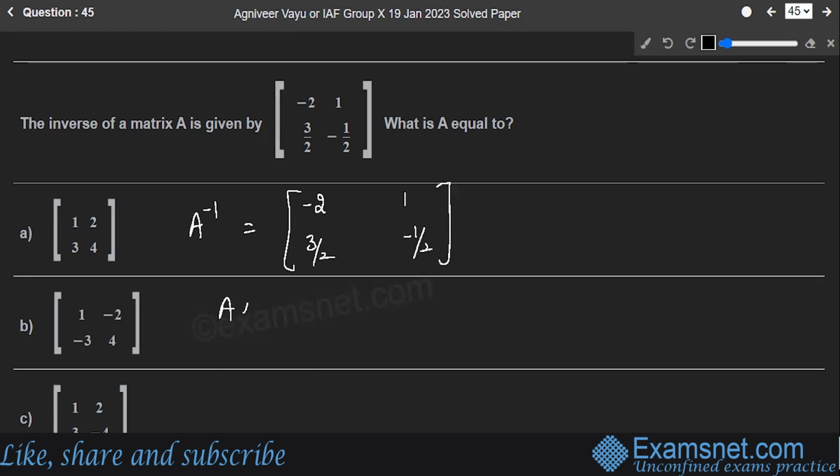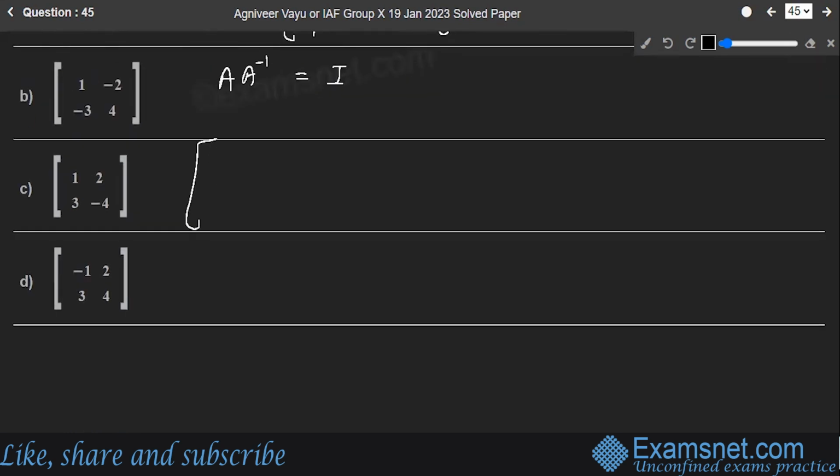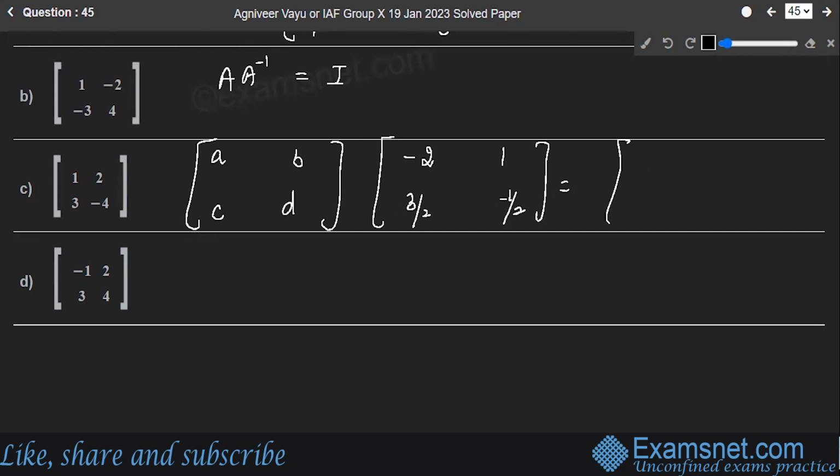Also, you know one thing, that A into A inverse is equal to I. If I'm assuming the matrix A to be [a, b; c, d], so this is [a, b; c, d] multiplied by [-2, 1; 3/2, -1/2] is equal to [1, 0; 0, 1].